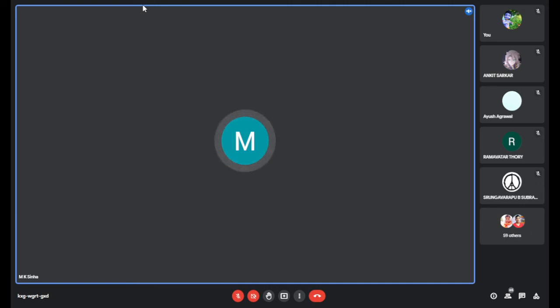And u is 2x, and v is minus 2y. So d phi equals 2x dx minus 2y dy. Am I right or not? Is it correct or not? You got this value or not?